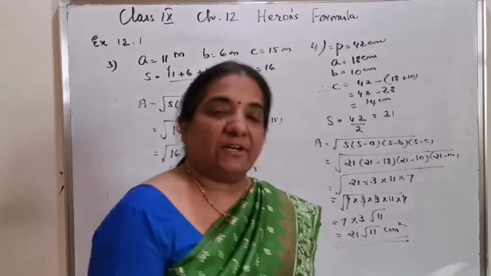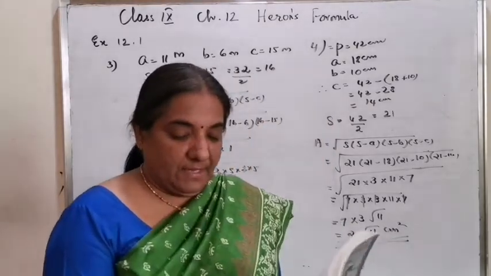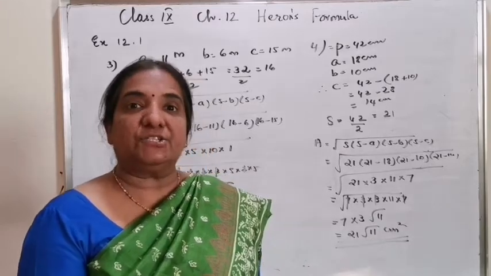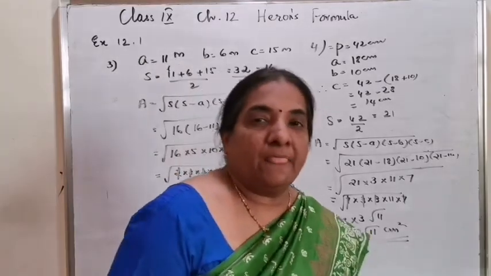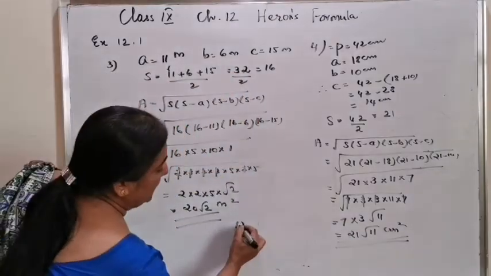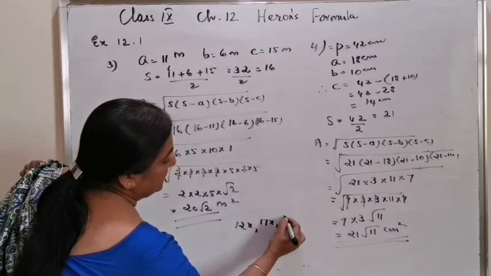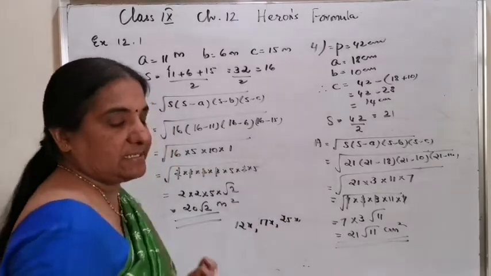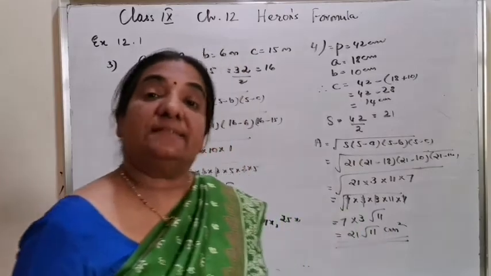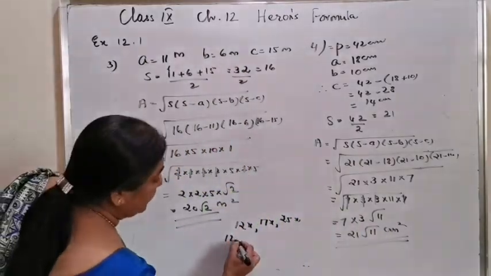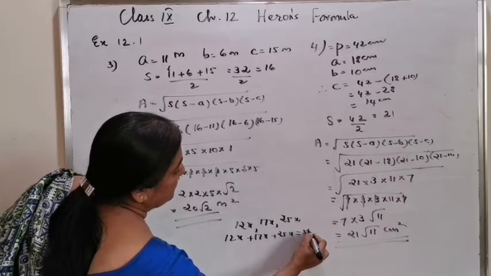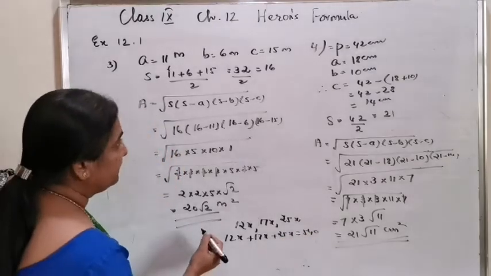Sides of a triangle are in the ratio 12 is to 17 is to 25. I hope you will be able to do it alone. Let the sides be 12x, 17x and 25x. And the perimeter is 540 centimeter, which shows that 12x plus 17x plus 25x is equal to 540.